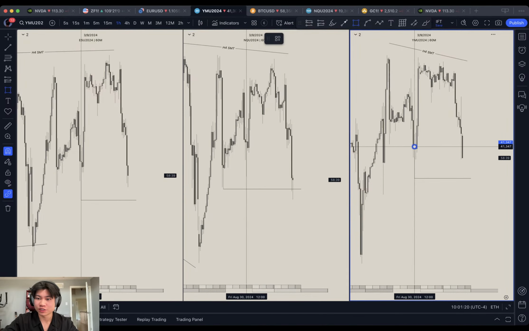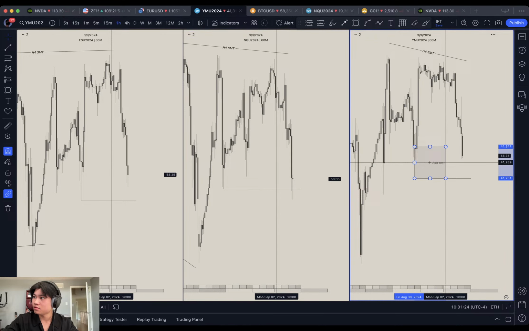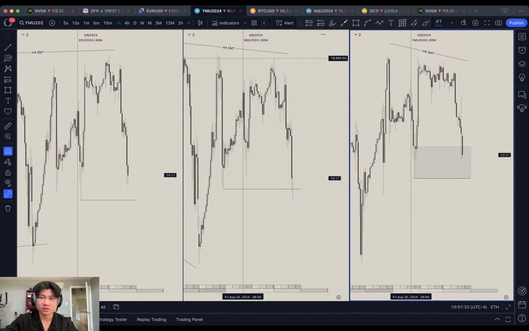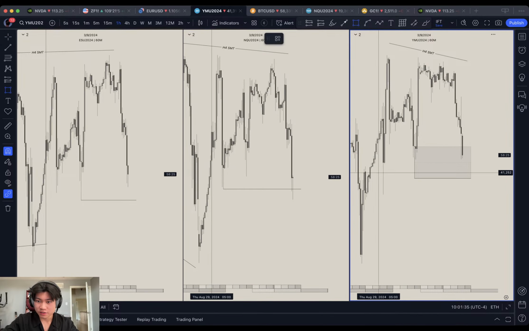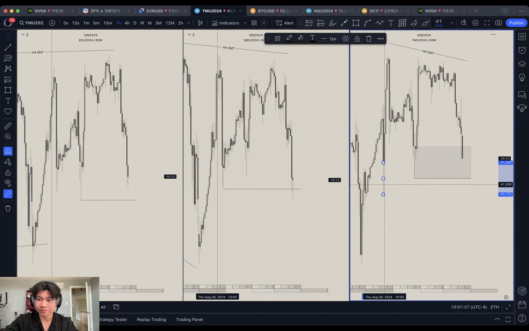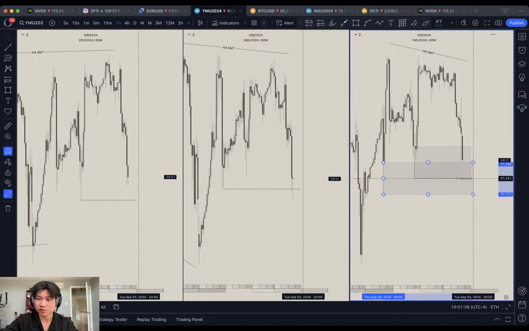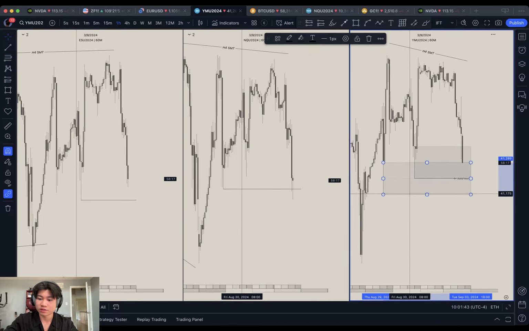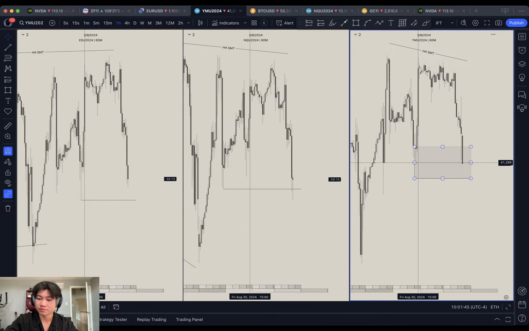But this rejection block is one if you want to use that PD array. Here's your rejection block. You've got another rejection block right here, but once again, it looks like we're on the sell side of the curve, so you want to look for sell side liquidity rather than a bullish PD array.